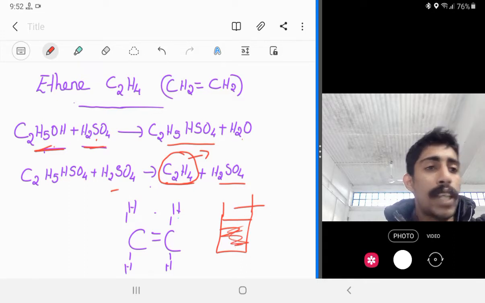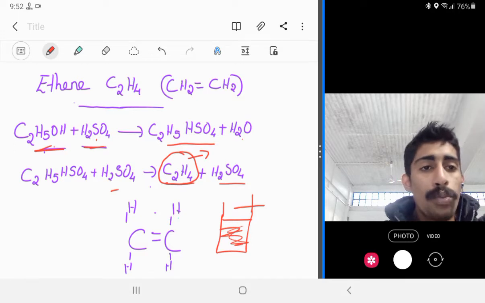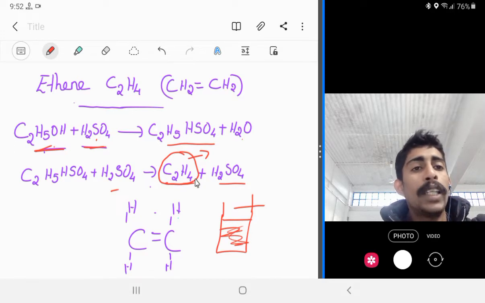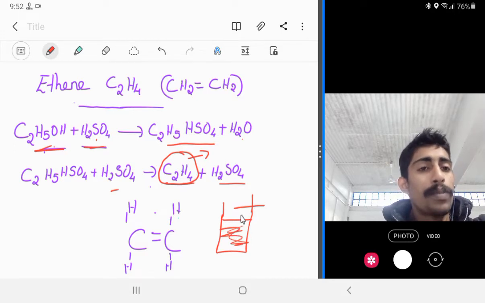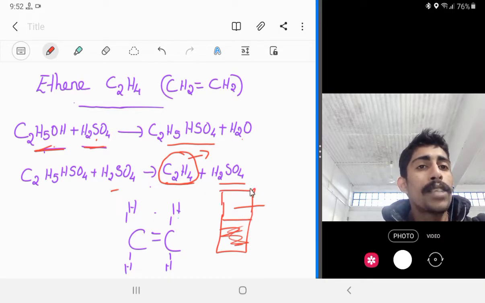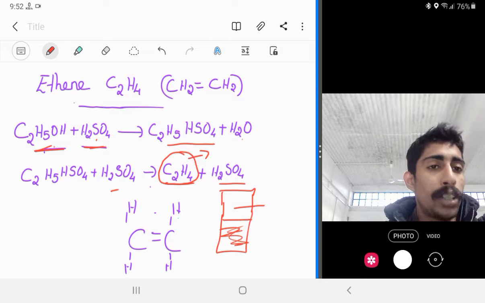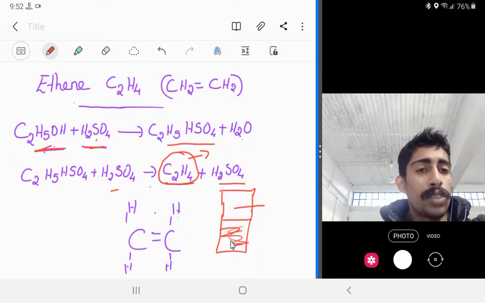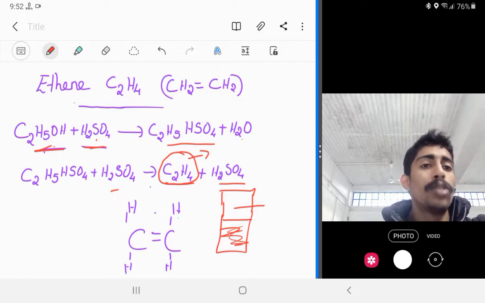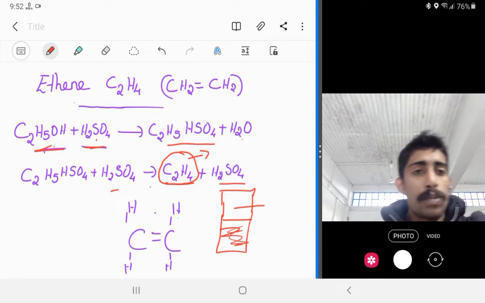We already studied the downward displacement of water. By the downward displacement of water, we collect the ethene gas on the top part, and the water is in the down part.